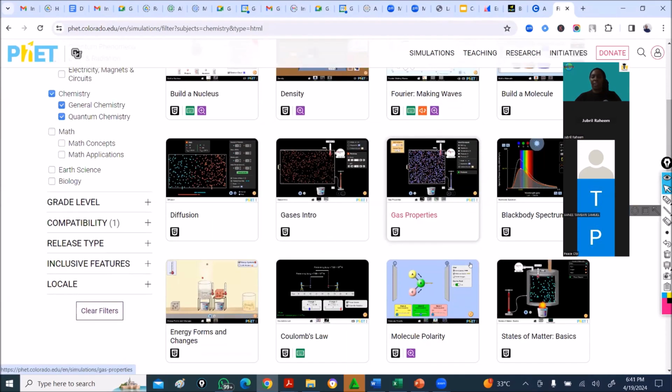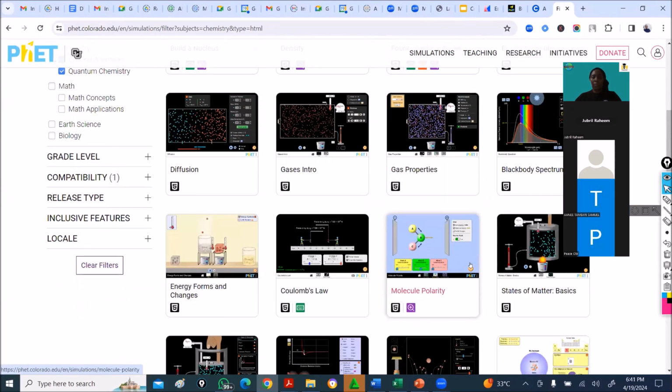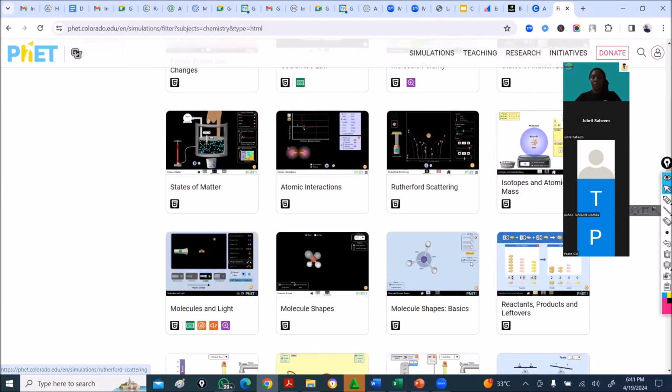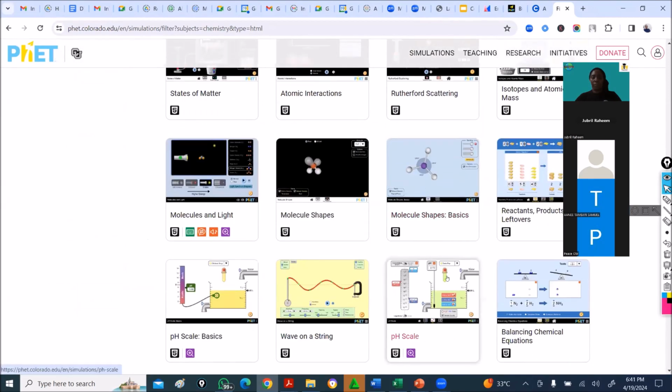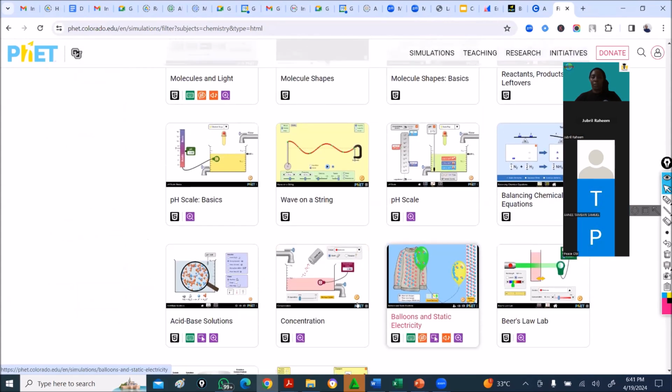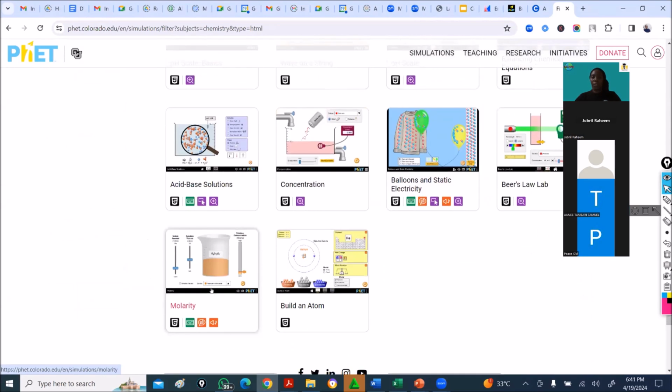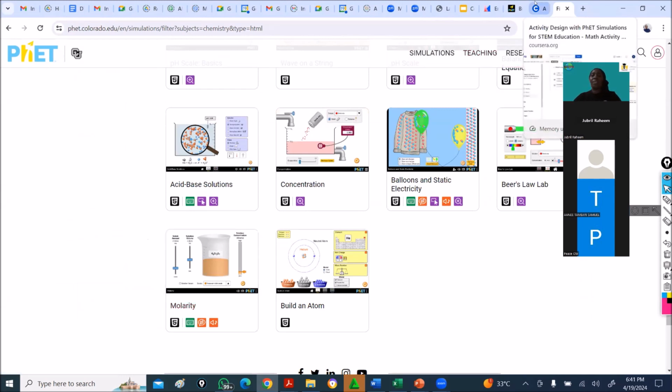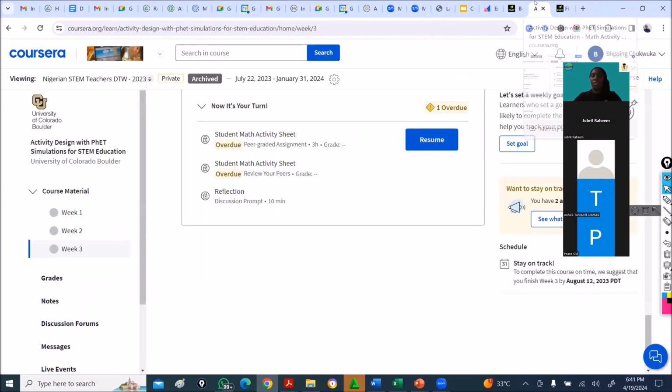Yeah, I think I've seen salt and pH scale. This is acid-base solution. Polarity. So you can click and play around. It might cover the particular learning goals and objectives that you want to teach.